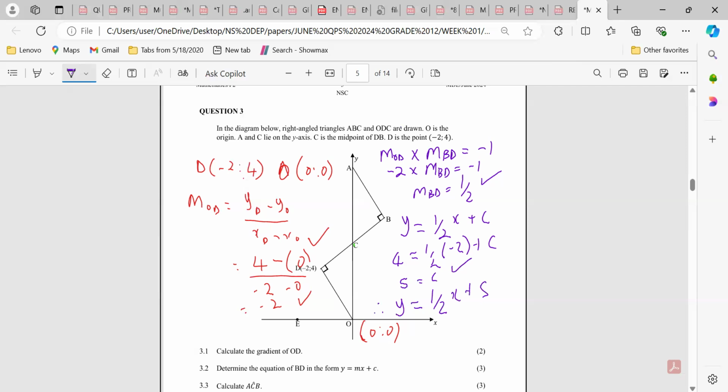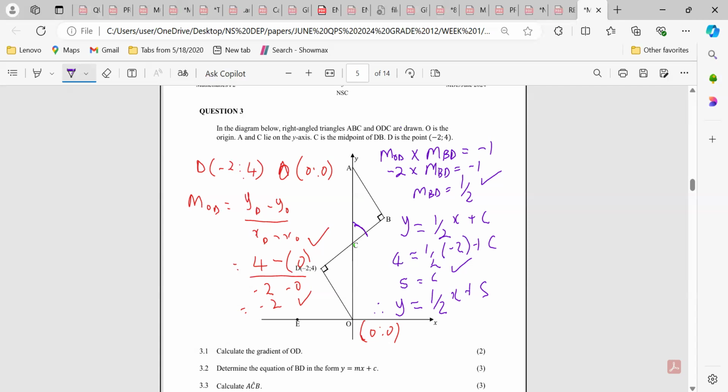Let's check what else we have. We have the angle ACB, which is this angle here. Now, how do we approach that question? You need to check what lies between these two lines, the lines which are forming this angle. We can say it's AC, or you can say it's OA.